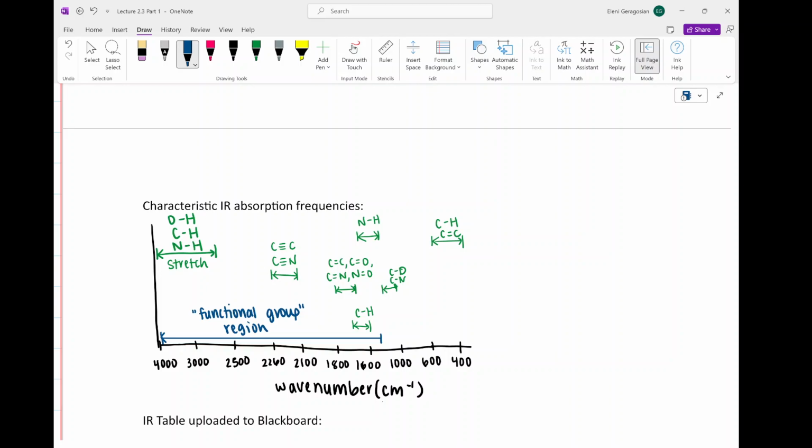And this is where we'll focus most of the analysis, because this region has a lot more informative peaks than the other region, which we will call the fingerprint region, which is just approximately less than 1,500. I'm not saying that everything with wave numbers lower than 1,500 is not useful, but generally what's higher than 1,500 is useful. And this is referred to as the fingerprint region.